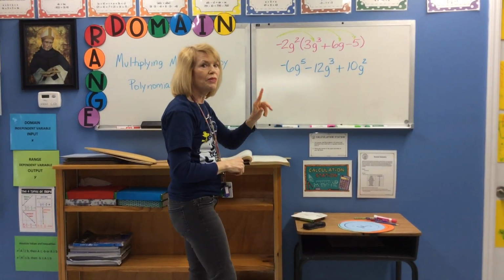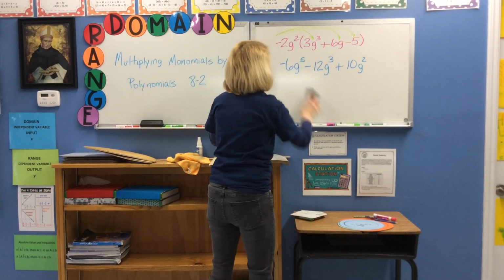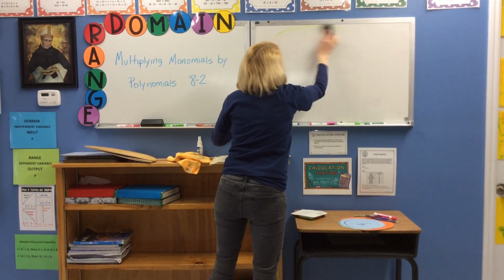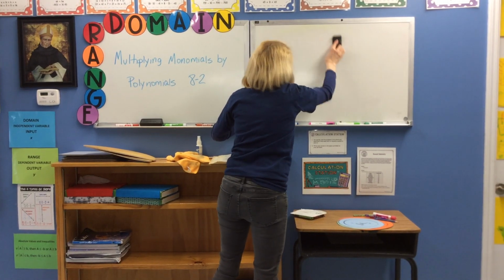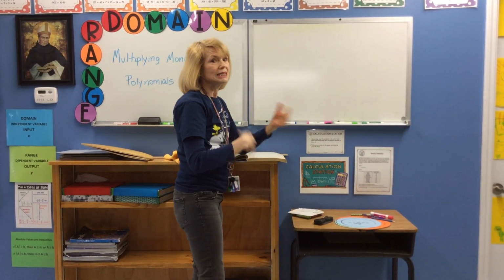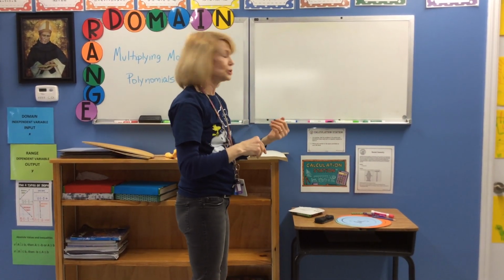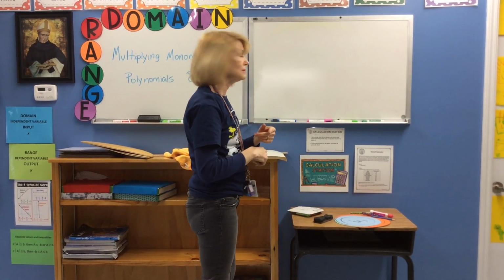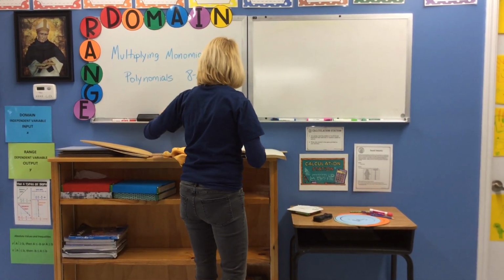We're going to do one more thing, and then you can start working on your workbook page. We're going to do the opposite. We're going to factor out terms, and you've done this in simple solutions before.